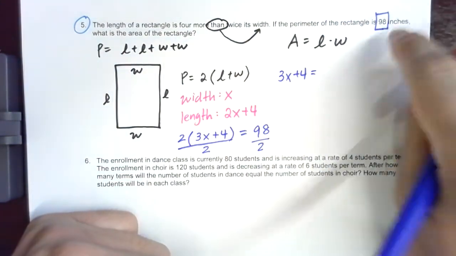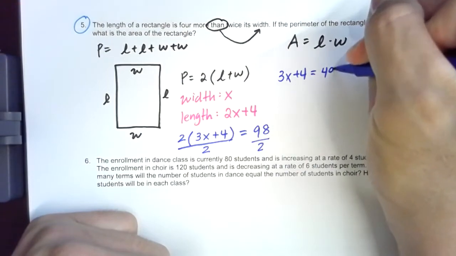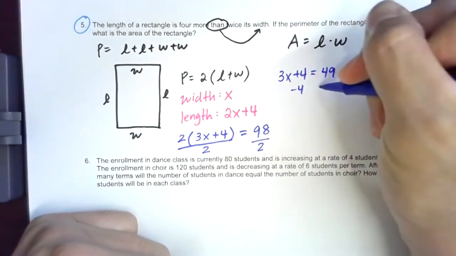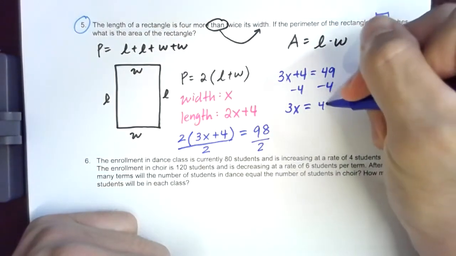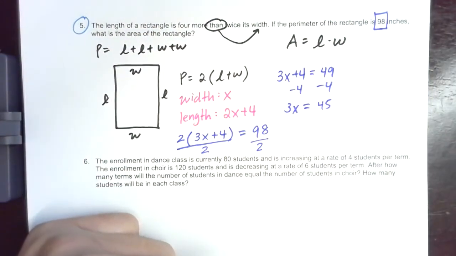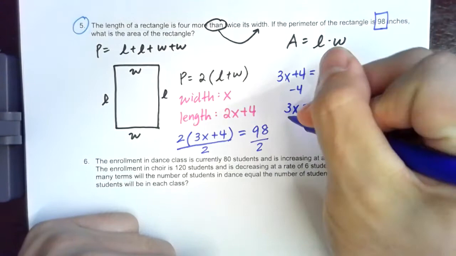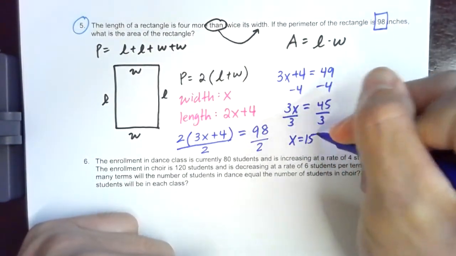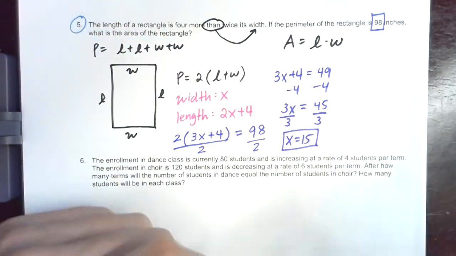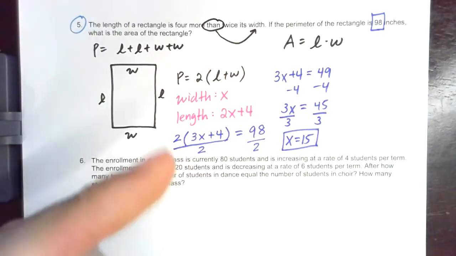Half the perimeter should equal half of 98, which is 49. And you then end up getting 3x is equal to 45. Okay, moving kind of fast, but the calculation part should be the easiest, right? x is equal to 15. So I now have x is 15.